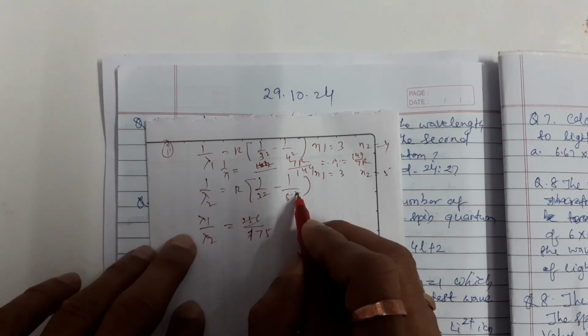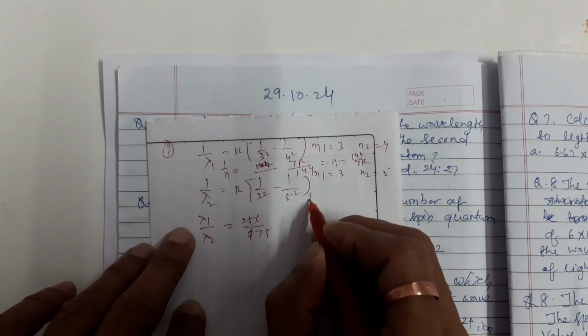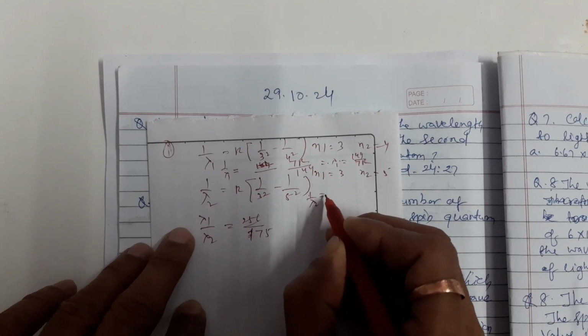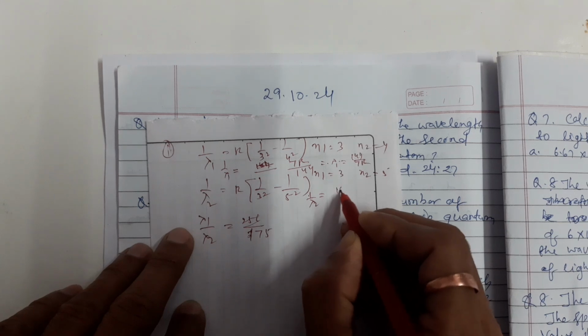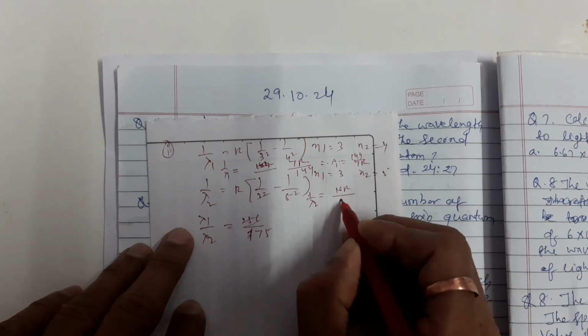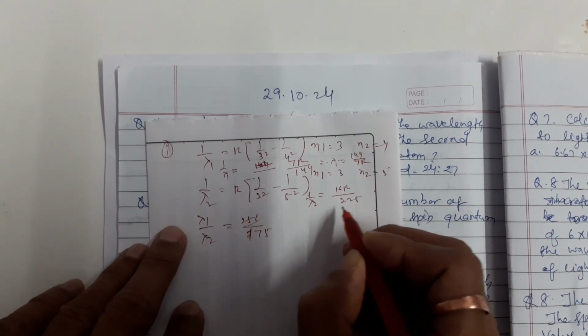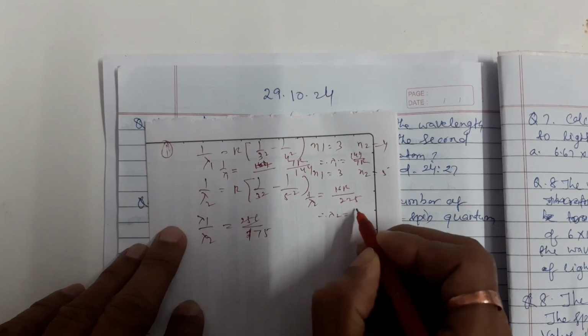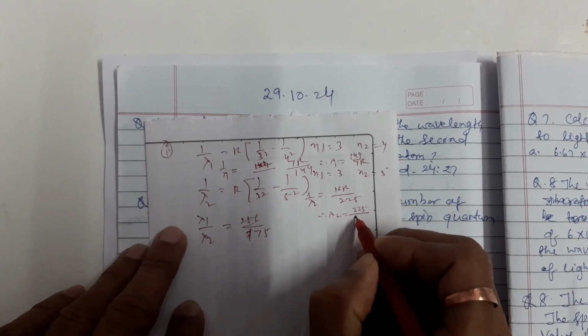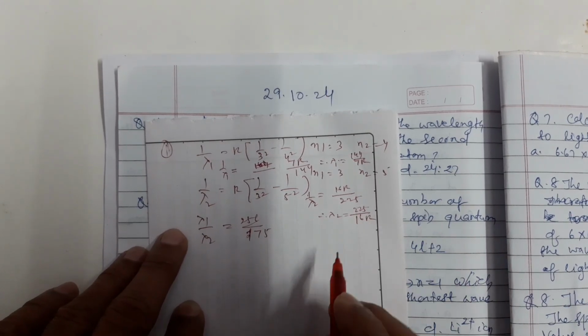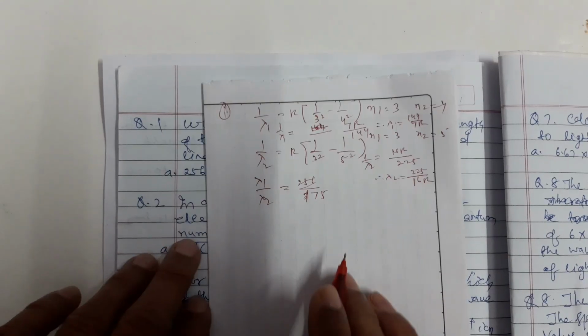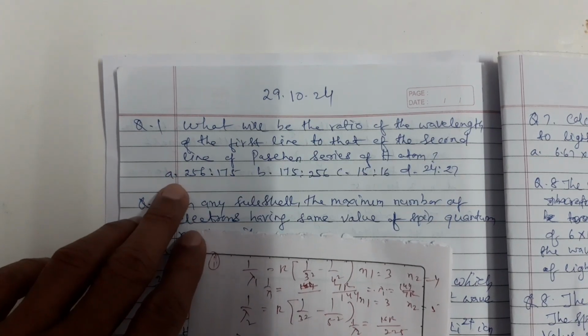Similarly, by solving for lambda 2, you will get 1 by lambda 2 equal to 16R by 225. Therefore lambda 2 is equal to 225 by 16R. Then you find the ratio. So choice A is the correct answer.